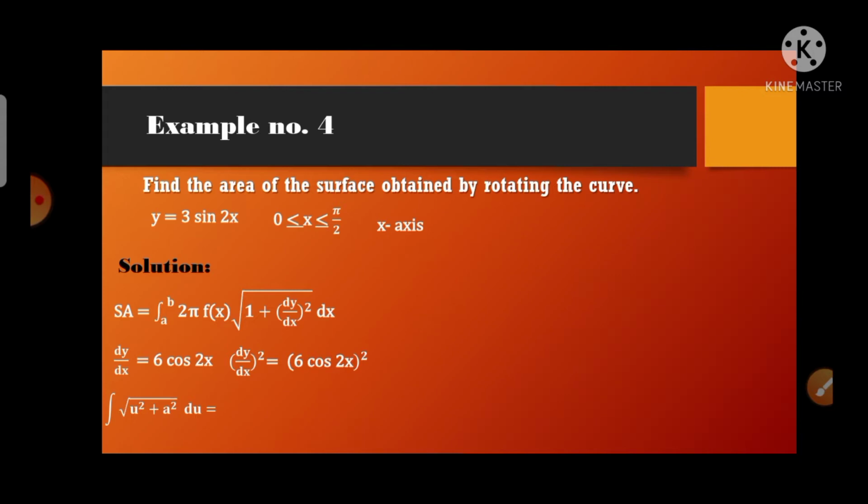Remember this one: the integral of square root of u squared plus a squared du is equal to 1/2 times u square root of u squared plus a squared, plus a squared times ln absolute value of u plus square root of u squared plus a squared, plus c.